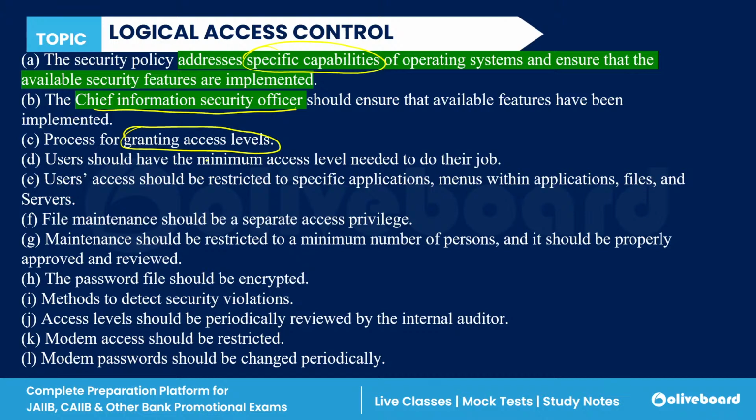The user's access should be minimum, right? User access should be restricted to the specific application. So if you are assigned to a particular application, your access should be limited to that particular thing. Also, file maintenance should be separate, access privileges should be defined, passwords should be encrypted, there should be methods to detect security violations, and passwords should be changed periodically. So these are all the logical access controls in the core banking solution, right?